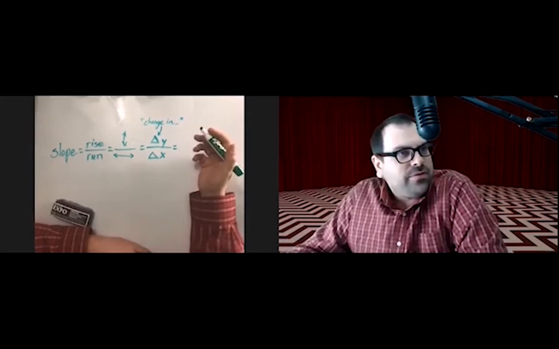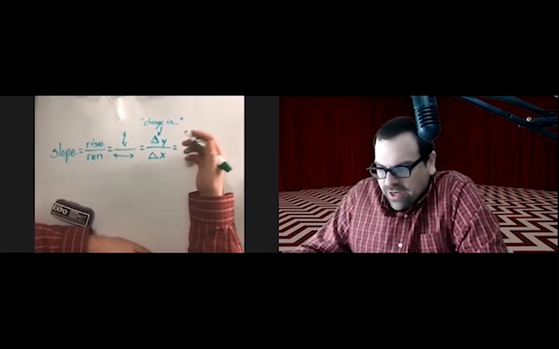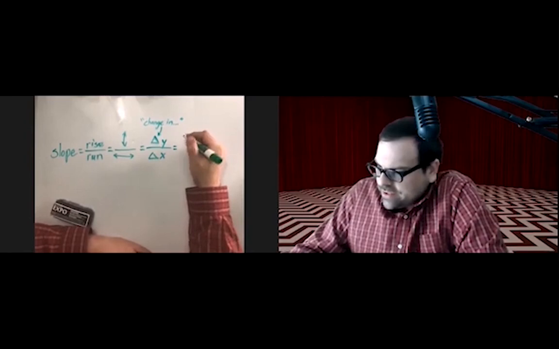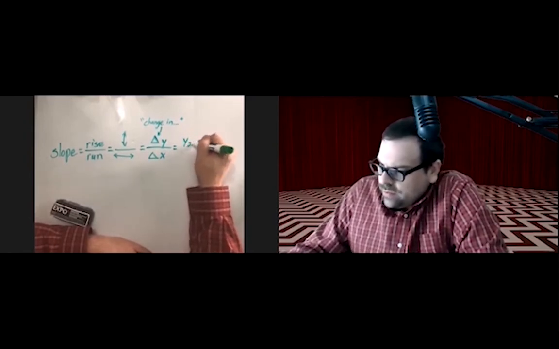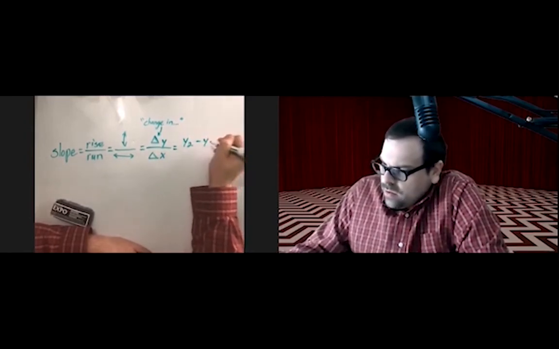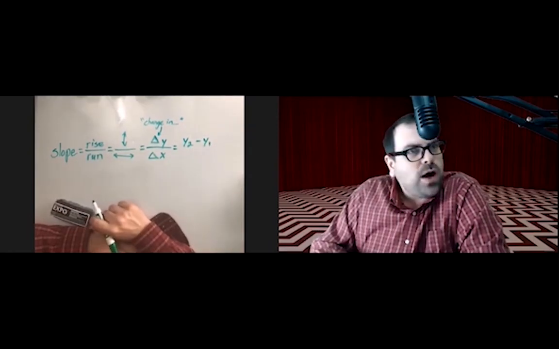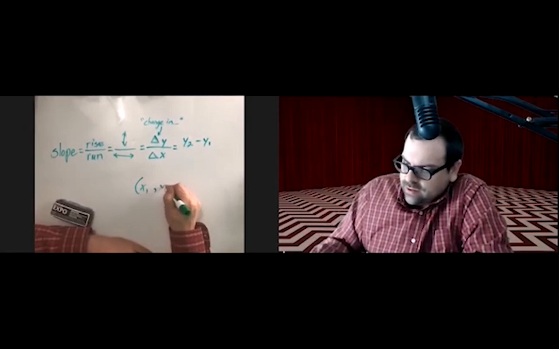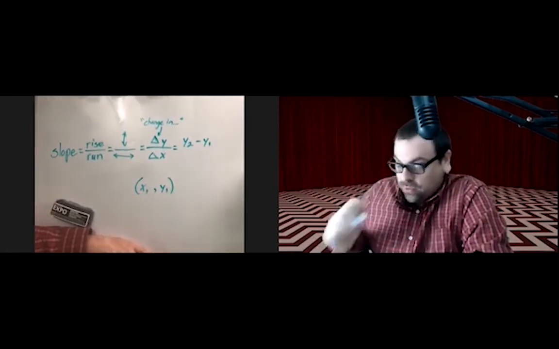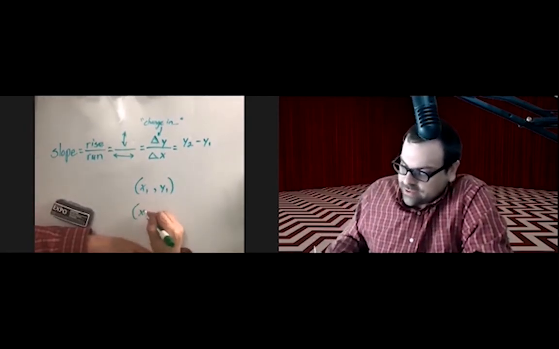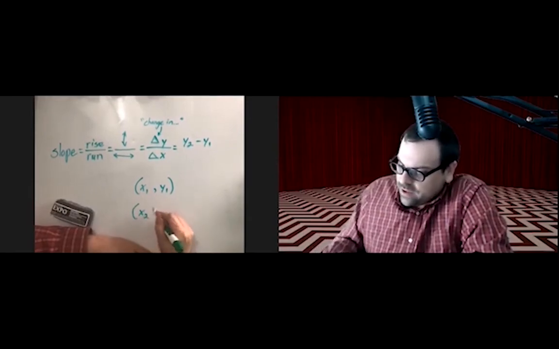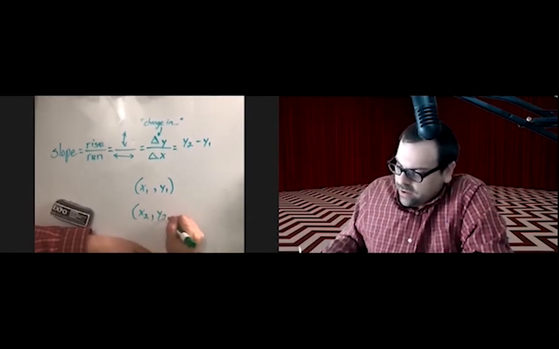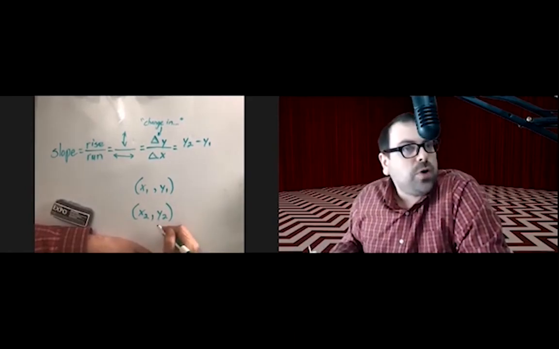So if we have two y values and we want to find the change in them, the difference in them, we can take y2 minus y1, where our 2 points, our two xy coordinates, our ordered pairs, are x1, y1, and x2, y2.